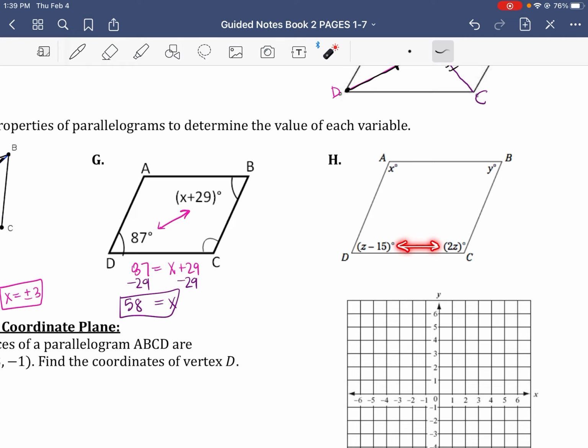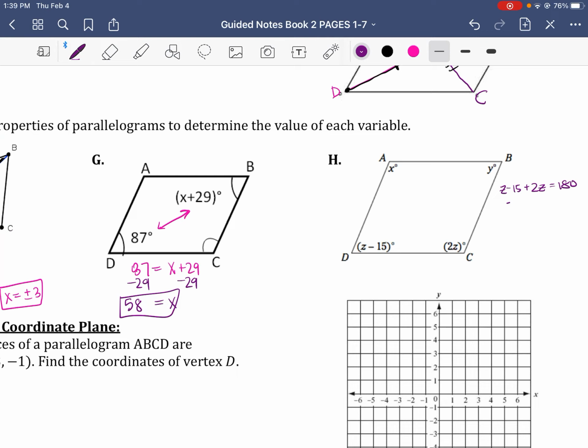So we have a z minus 15 and a 2z. And remember, angles that are next to each other add up to 180 degrees. So if we can figure out these ones, that'll help us find x and y. So we're going to take z minus 15 plus 2z, because these ones add to equal 180. From there, we just solve.